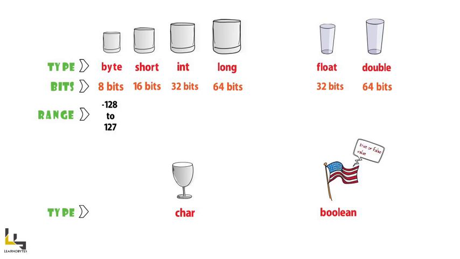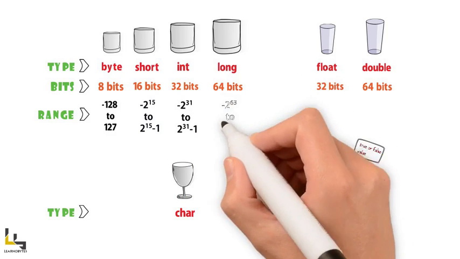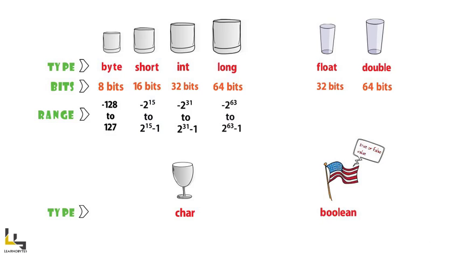Short variable has a range of -2 to the power of 15 to 2 to the power of 15 minus 1. Int variable has a range of -2 to the power of 31 to 2 to the power of 31 minus 1. Long has a range of -2 to the power of 63 to 2 to the power of 63 minus 1.